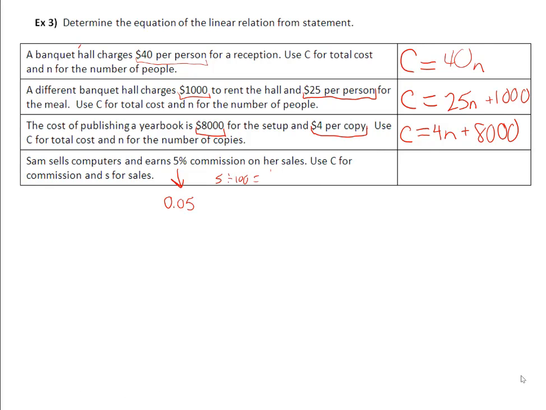So 5 divided by 100 gives you 0.05. So our C for commissions is 0.05 times, well, it's not N this time, it's S for sales. If I'm being specific on the variables to use, you have to be very careful about what to use.